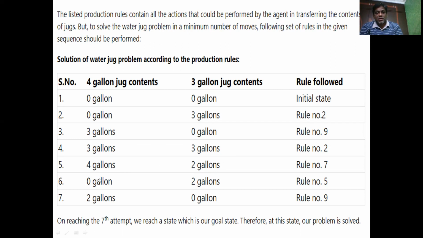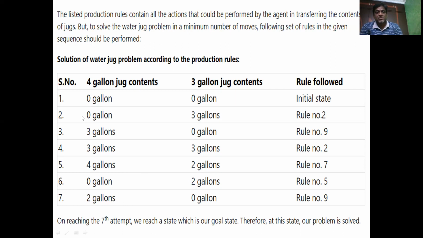Now empty this 4-gallon jug in the 6th step. 2 gallons are still in the 3-gallon jug. Because we want these 2 gallons in the 4-gallon jug, just pour this water into the 4-gallon jug, empty it.